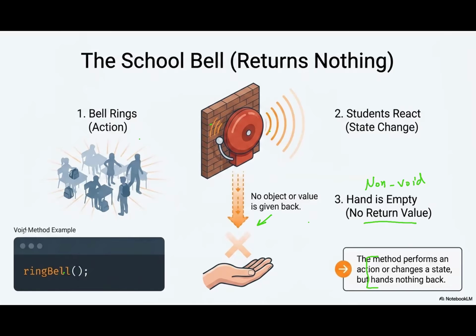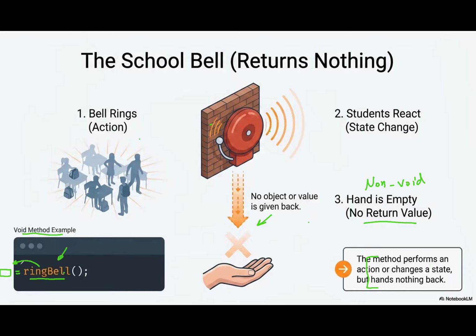So how is a void method called? We call it this way. This is a call for a method that does not return anything. So there is no equals sign here, and there is no variable that can save whatever ring bell returns, because it doesn't return anything to me.